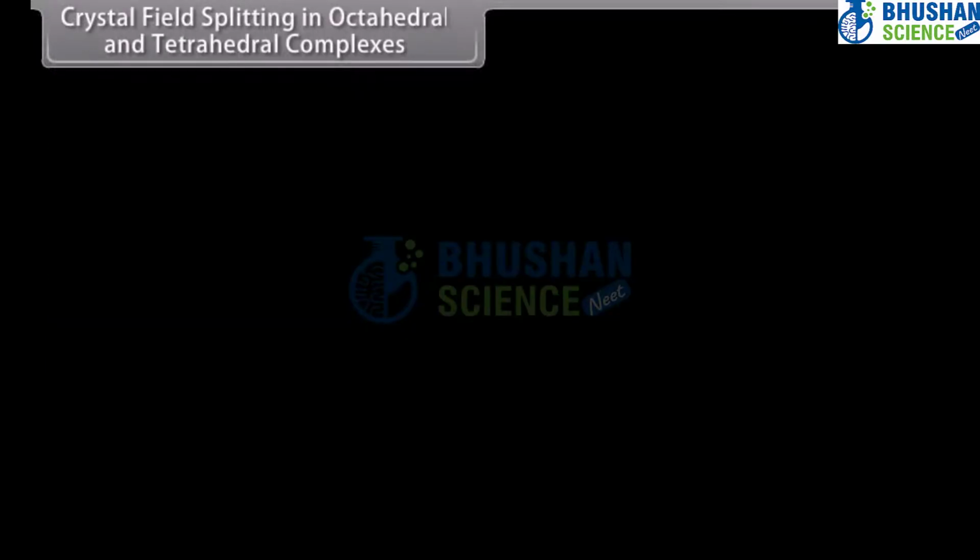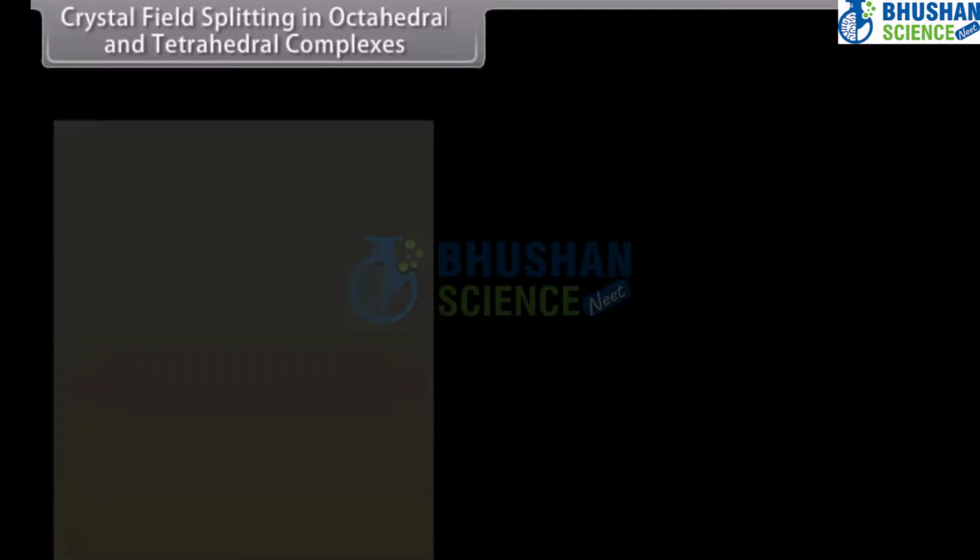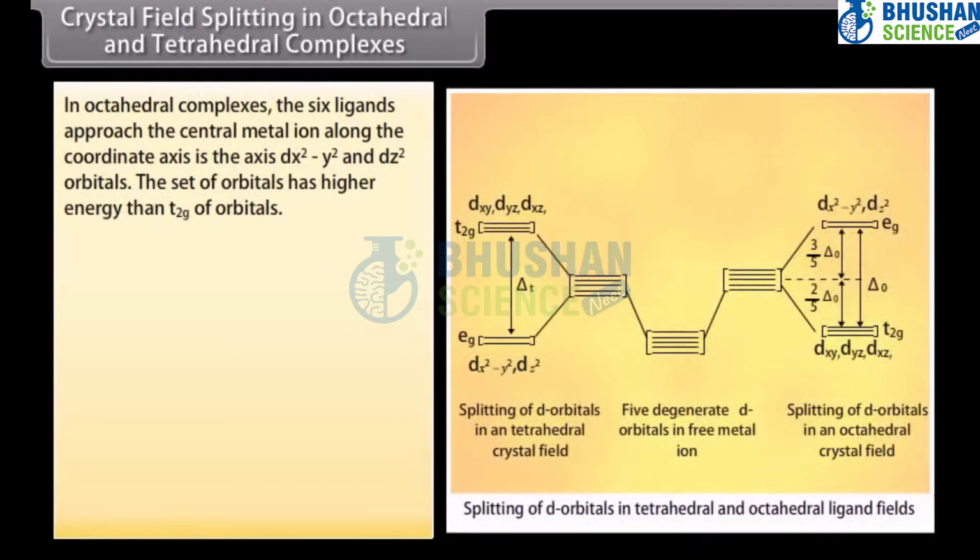Crystal field splitting in octahedral and tetrahedral complexes. In octahedral complexes, the 6 ligands approach the central metal ion along the coordinate axes, that is the axes of the dx2-y2 and dz2 orbitals. This set of orbitals has higher energy than the t2g orbitals.